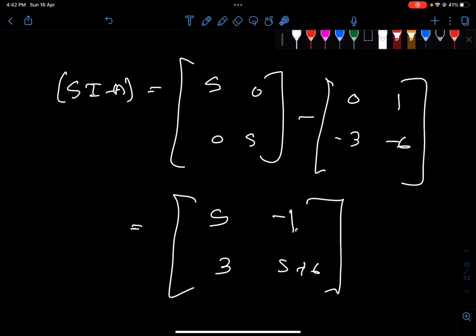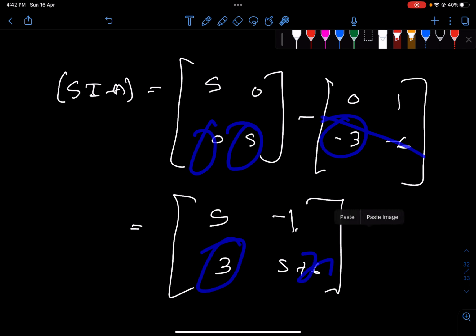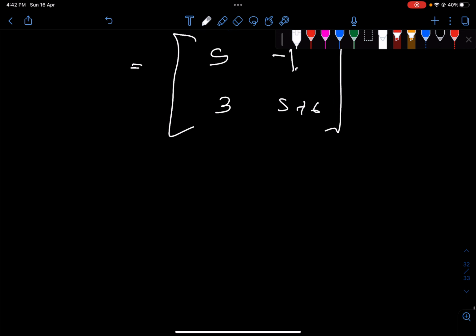So s minus 0, then 0 minus 1, that is minus 1, then 0 minus of minus 3, that is plus 3, and 0 minus of minus 6, that is s plus 6, right? We have to find out the inverse.